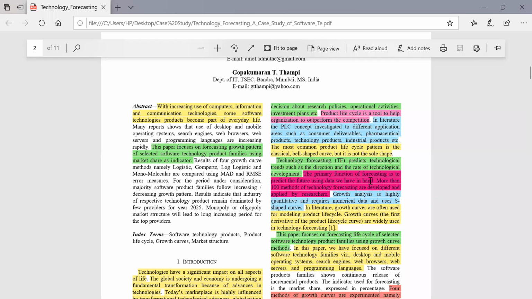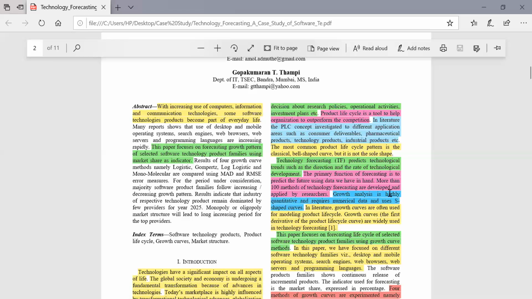If they have the database related to the plus and the minus points, then a company can forecast where it can go in future, and predict what the future of that particular company will be.